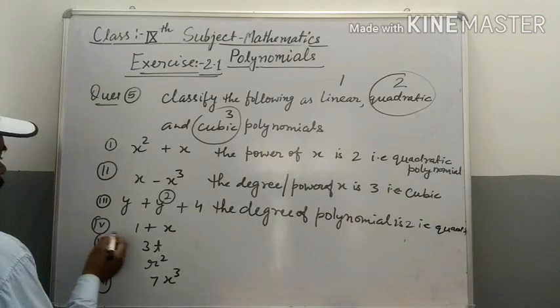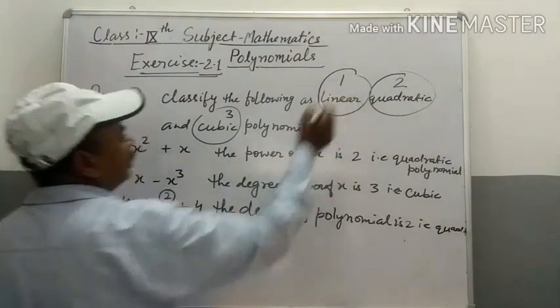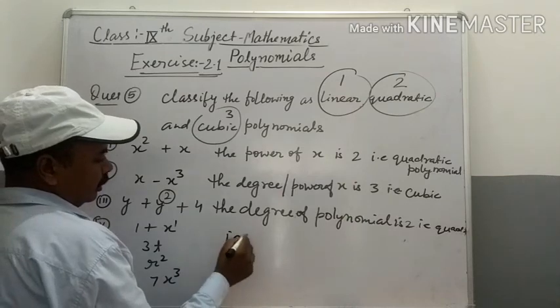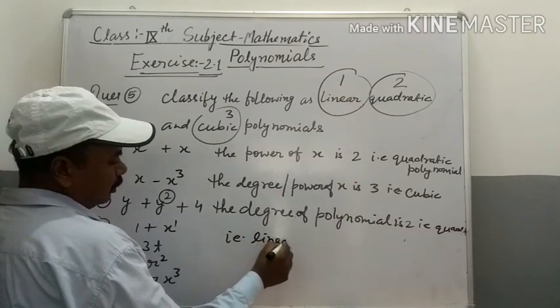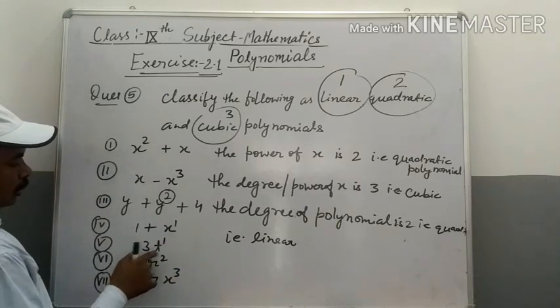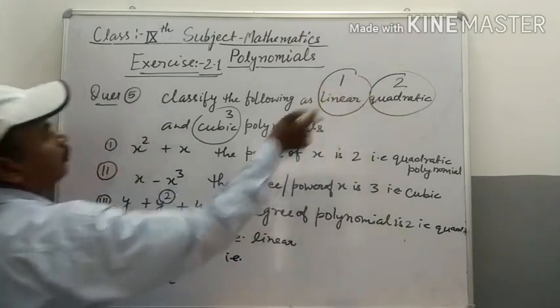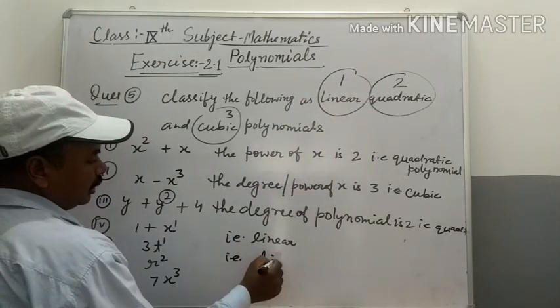And in fourth question, the power is 1, that is linear. And in fifth, the power of the variable t is 1, that is also linear, because the power of polynomial is 1.